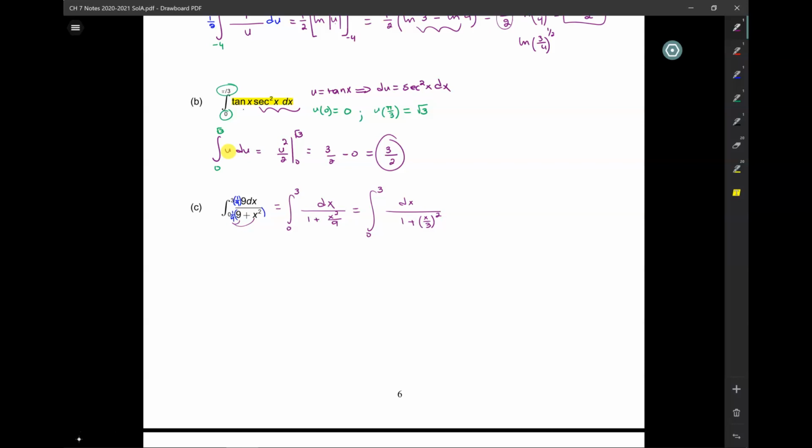Okay, what did that do? Well, here's what it did. Now, I can say u is x over 3. So du is 1 over 3 dx. Okay, so when I go and I try to substitute this back in here, look at what I have.